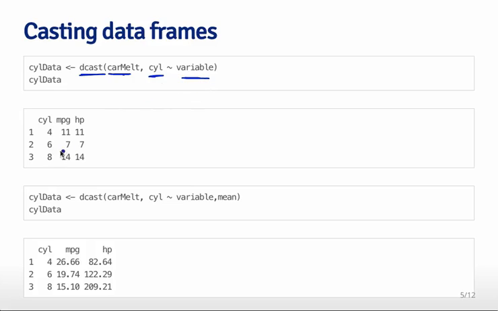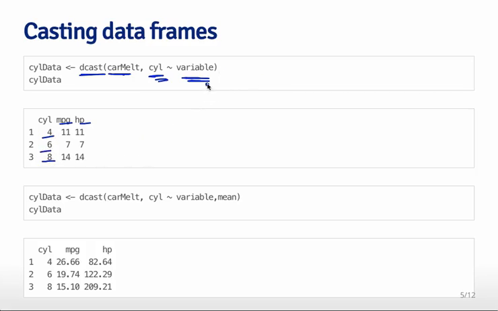What this will do is it's going to put the different values on the left-hand side in the rows, and it's going to put the values on the right-hand side in the columns. So on the right-hand side, it's variable. Remember, for variable, we said it was MPG and HP, so you get that in the two columns here. And then in the rows, we get the different cylinders going down here.